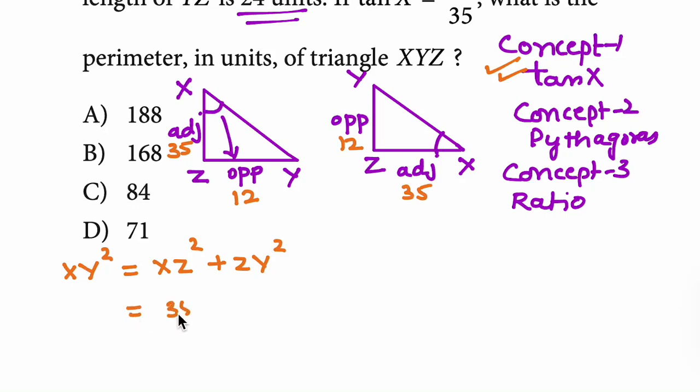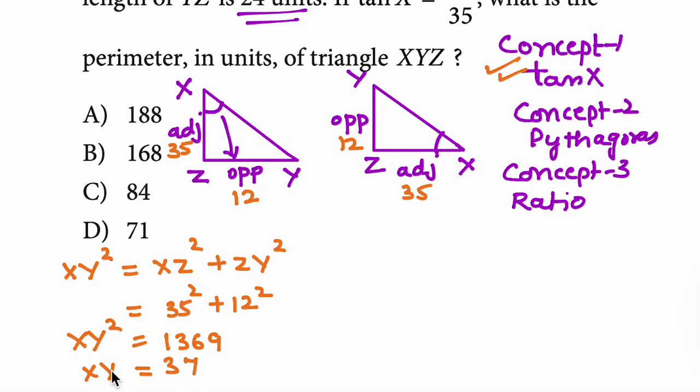XZ is 35 squared plus YZ is 12 squared. Because this is SAT and calculator is allowed, we can directly find this value as 1369. But because this is squared, XY is the square root of this, which is 37.